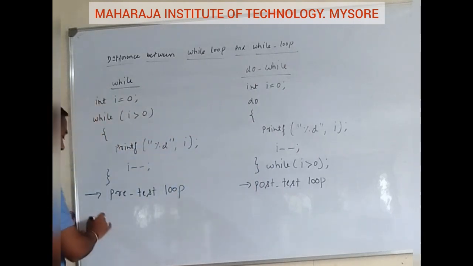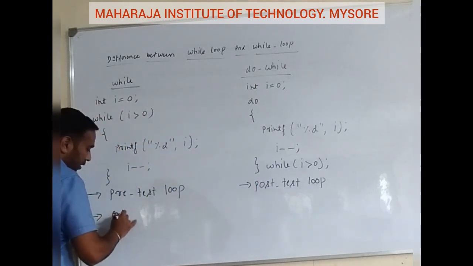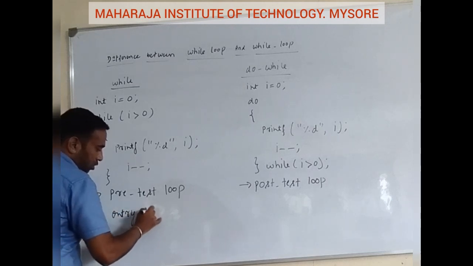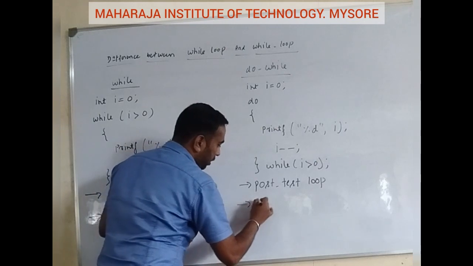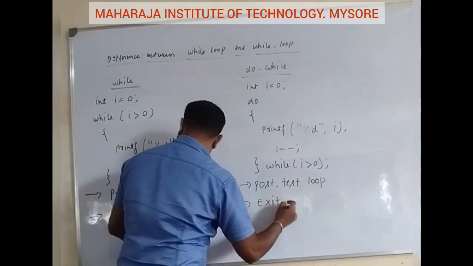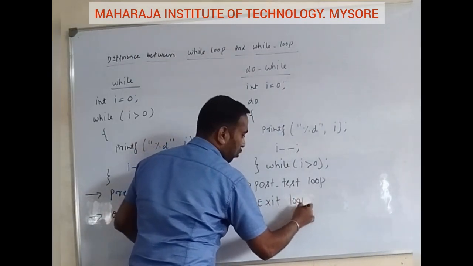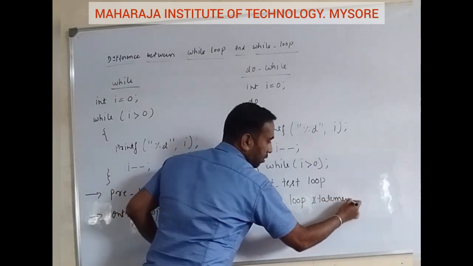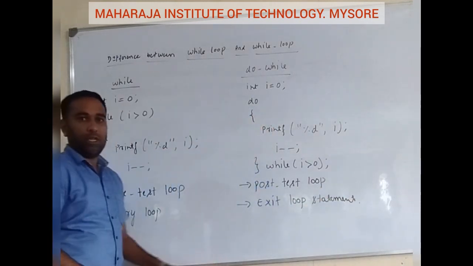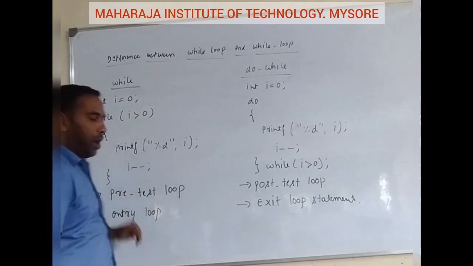While loop is called an entry loop. Do while loop statement is called an exit loop statement.